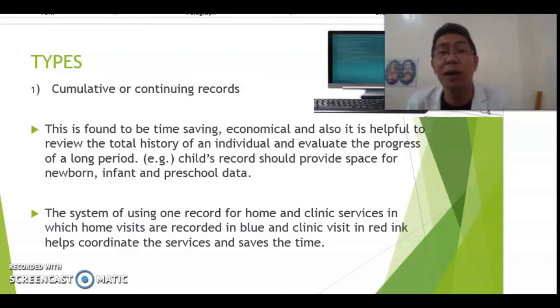Sometimes they have to provide an identification card so that whenever they avail the services, when they go to the clinic or the barangay health center, you can easily tell where their records come from because of the color.